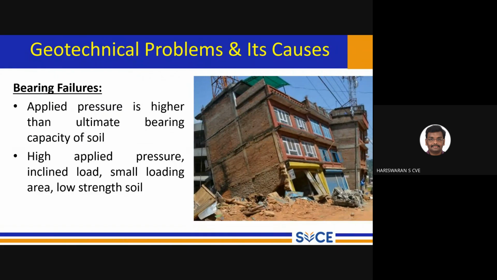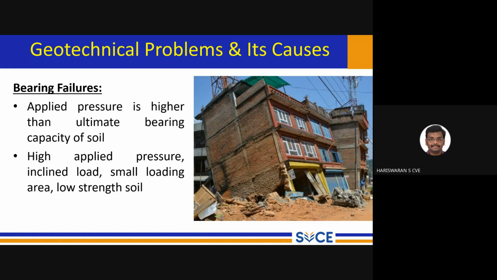But why is such a building going to fail? Because the applied pressure is higher than the ultimate bearing capacity of the soil. That is why site investigation is important. Before going for construction, you are supposed to undergo a soil test at the field, and you have to arrive at the bearing capacity. That is the safe bearing capacity, we are calling it SBC.